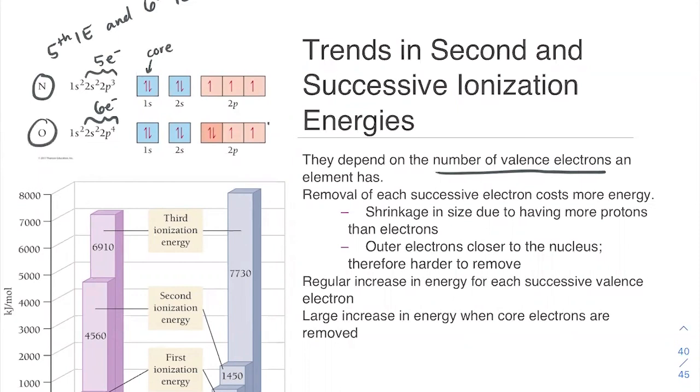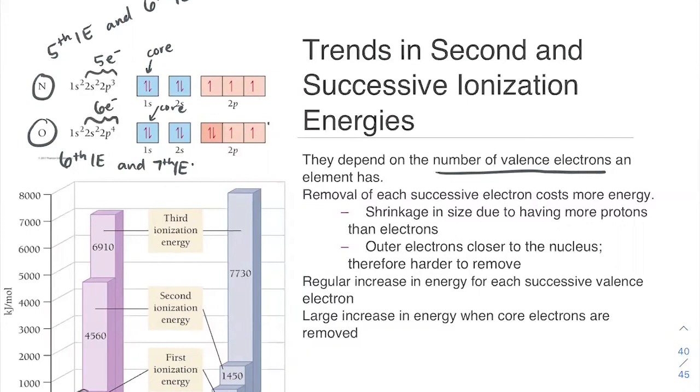For oxygen, we'll see a big difference between the 6th ionization energy and the 7th ionization energy, because again, we can remove the valence, but we don't want to get into the core. We can see that with sodium and magnesium. Sodium has 1 valence electron.